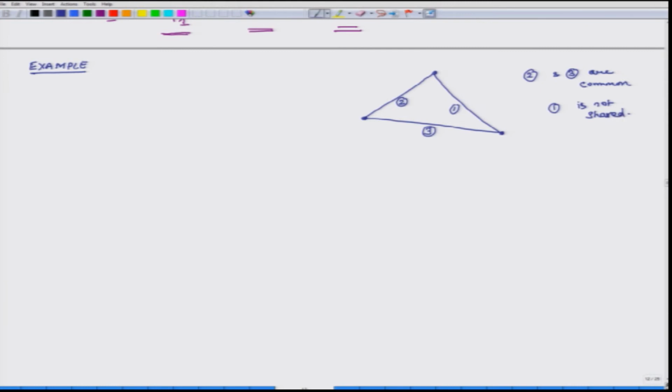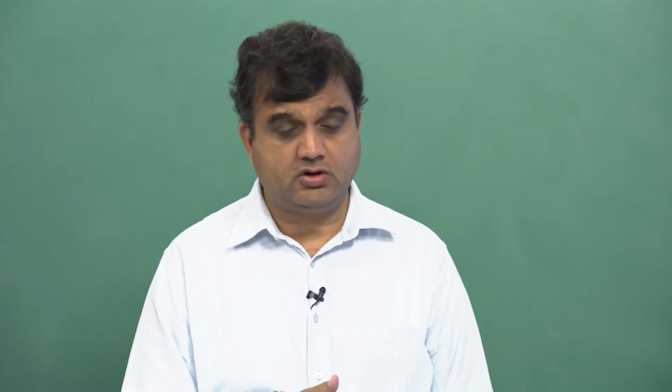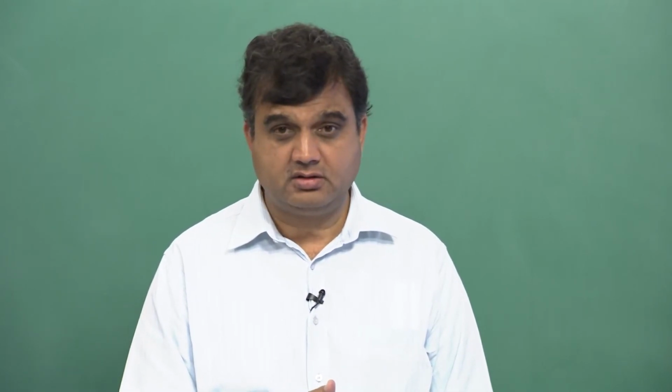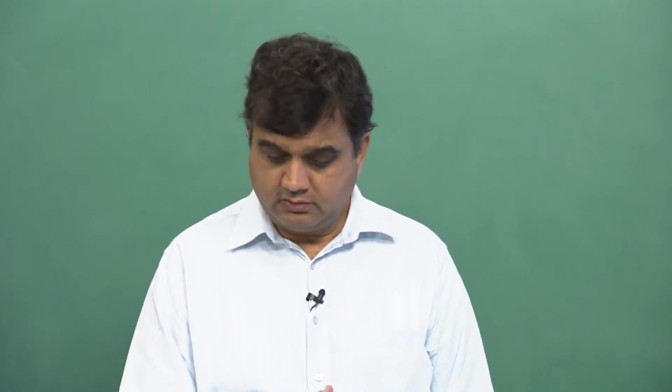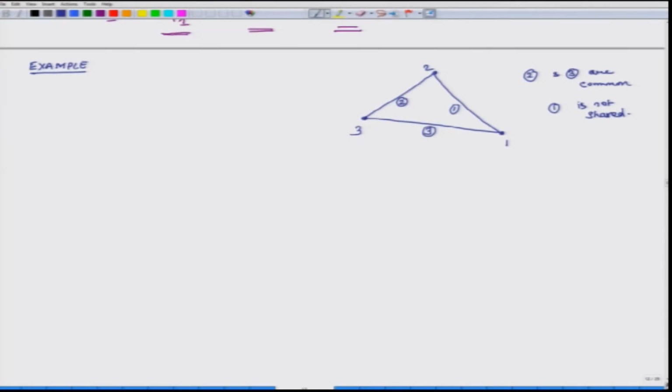This is given, side 1 is not shared. Okay. In this case, I will compute Q for which component, which contribution of Q will I calculate? First side, I will calculate first side.